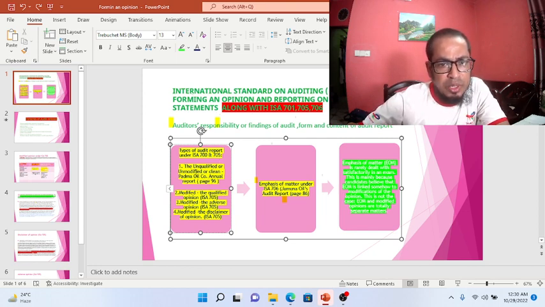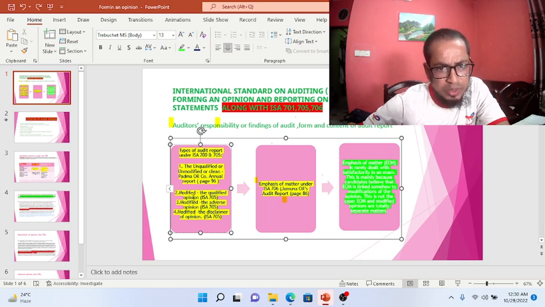Types of audit report under 700 and 705: unqualified or unmodified or clean report. We will review Podda Company's audit report of 2021, last year, page 96.